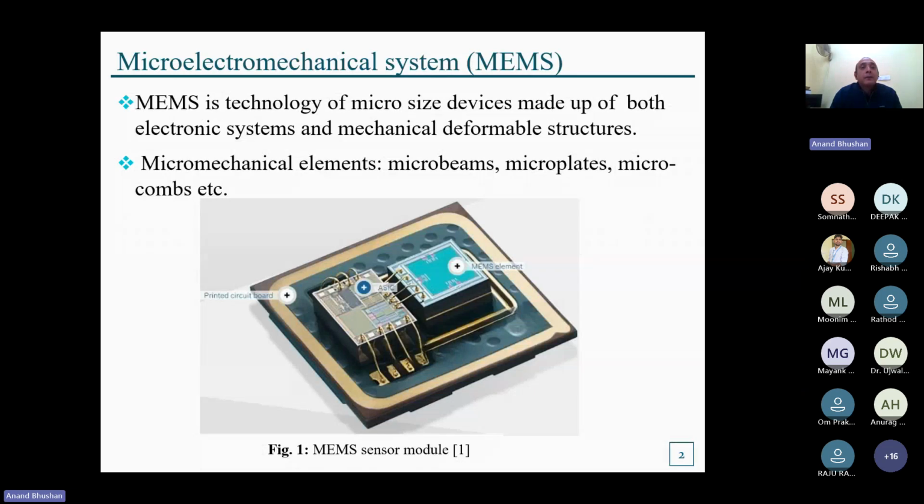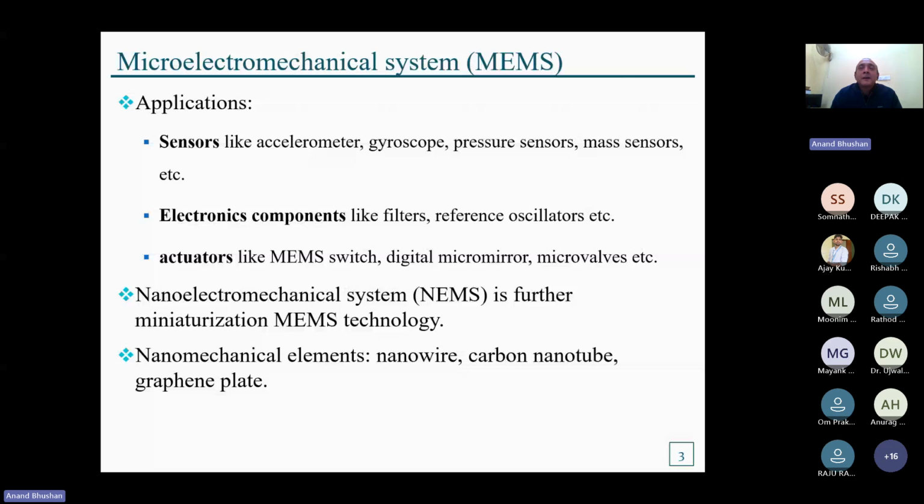Okay, so MEMS has two important things. First is micromechanical elements, which are deformable micro beams, micro plates, or micro combs, which we'll discuss later. These depend on the applications. MEMS has many applications in different fields like automotive, industrial automation, electronics, and energy harvesting, based on different components like sensors.